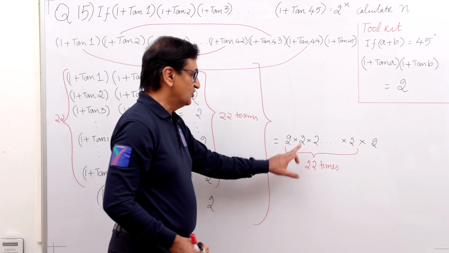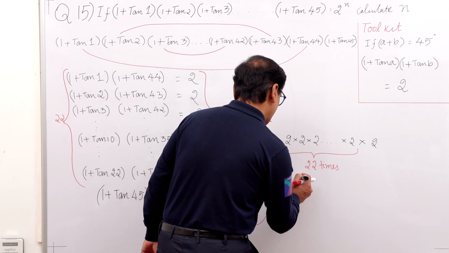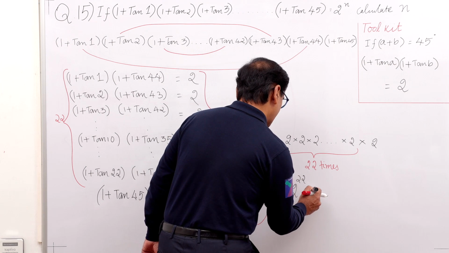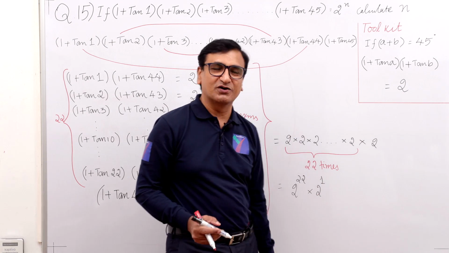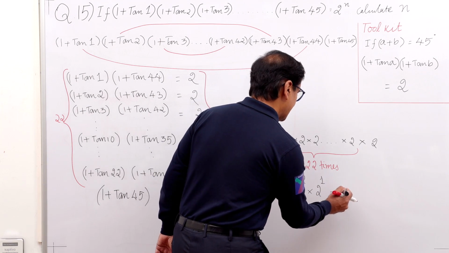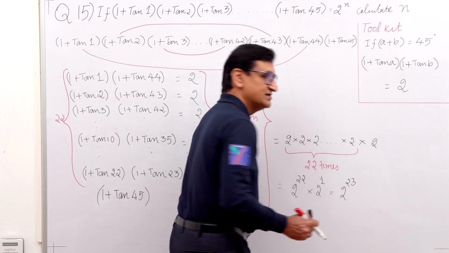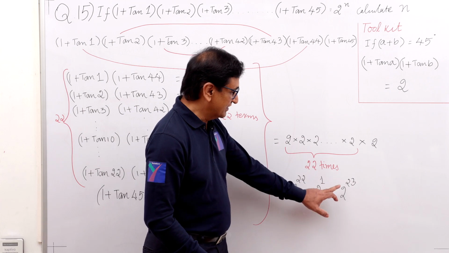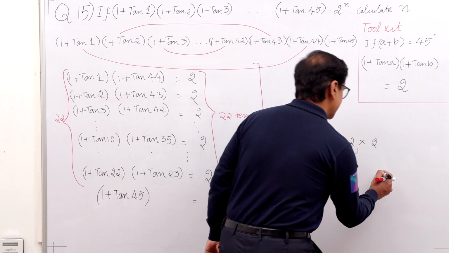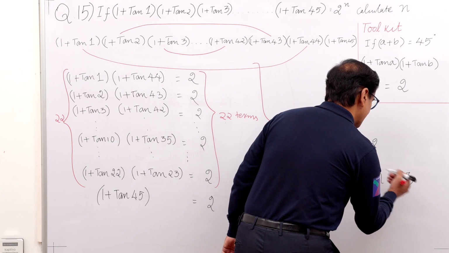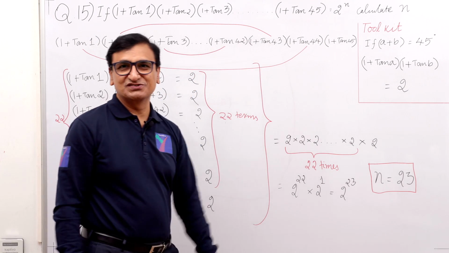So this will be 2 to the power 22 multiplied by 2 to the power 1, because 2 can be written as 2 to the power 1. So this will be 2 to the power 23, by the law of exponents. So if this is 2 to the power n, therefore n equals 23. So this is our answer. Okay, let's go to question number 16.